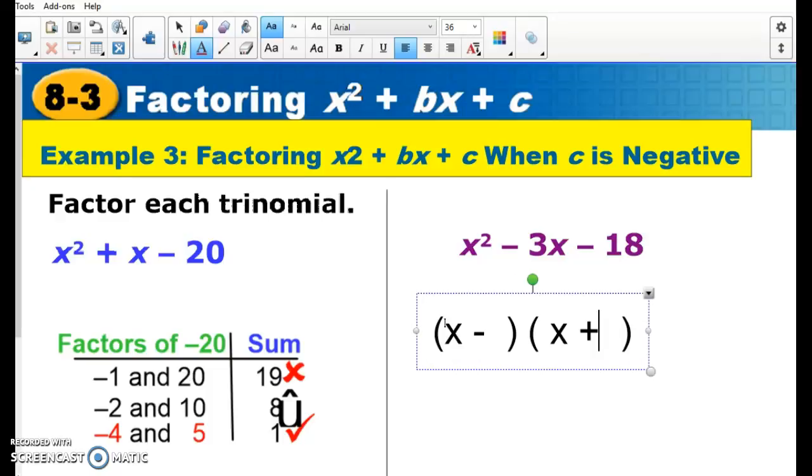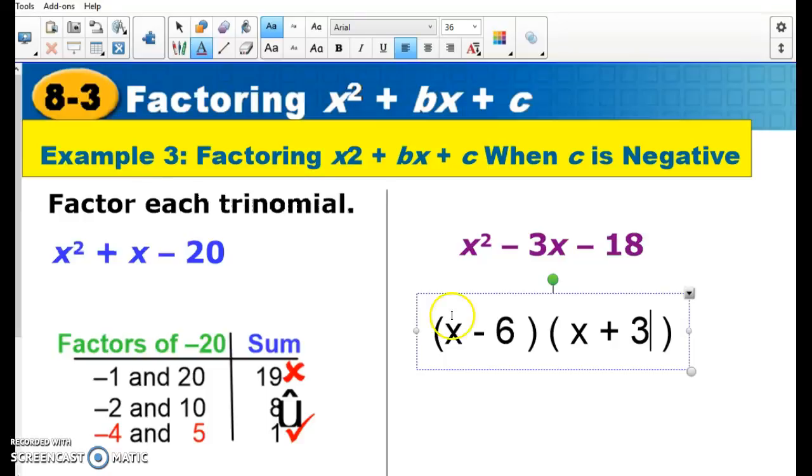So I need to multiply two numbers, and when I multiply them I'm going to get a negative 18, and when I add them I'm going to get a negative 3. So I'm going to put in a negative 6 here, and a positive 3. Because then if I multiply negative 6 times a positive 3, I'm going to get negative 18, and when I add negative 6 and positive 3, I get a negative 3.